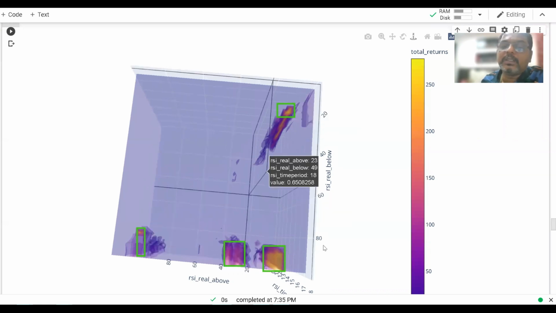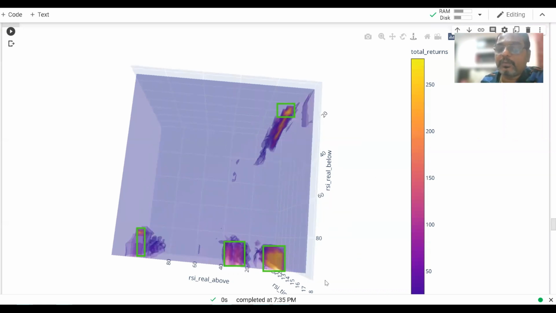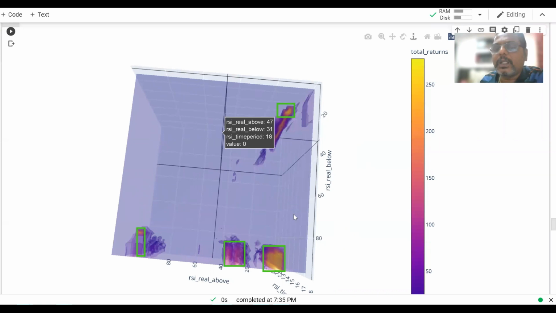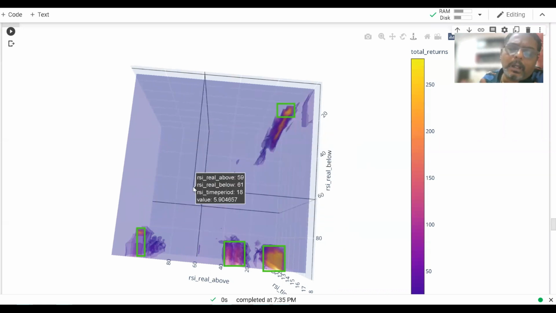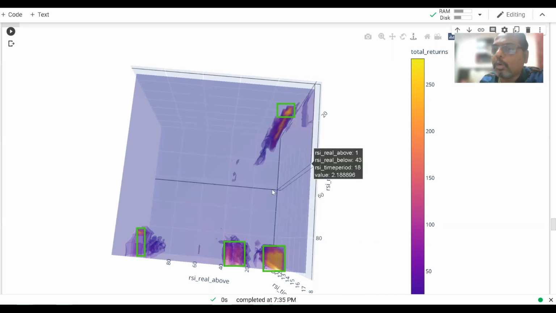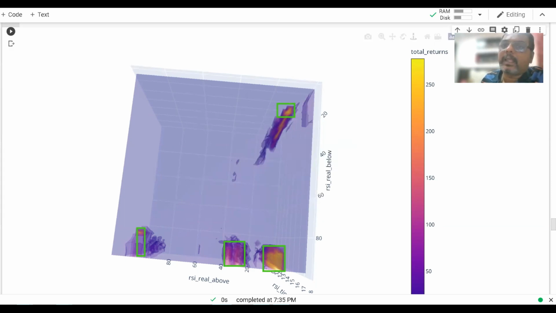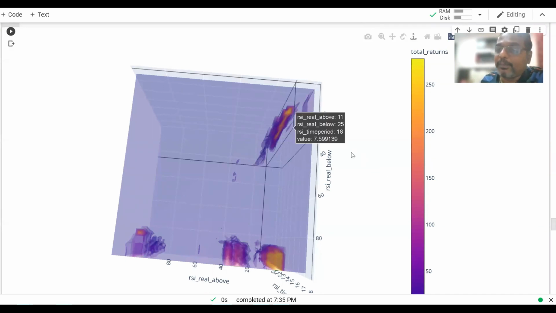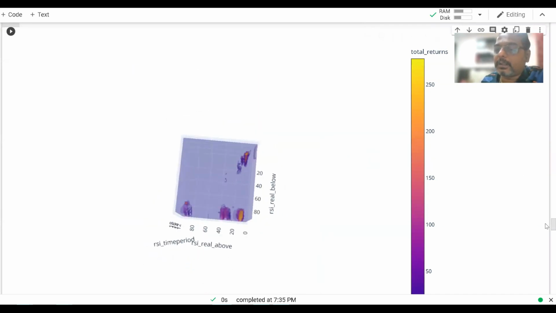So these are where people would have made a lot of money. But you would see in terms of total returns, it's not really just picking up RSI and picking up some data and making a lot of money. It's actually hollow, most of the data. I believe you would probably know, I used to be a fan of RSI at one point in time before I saw this particular chart.